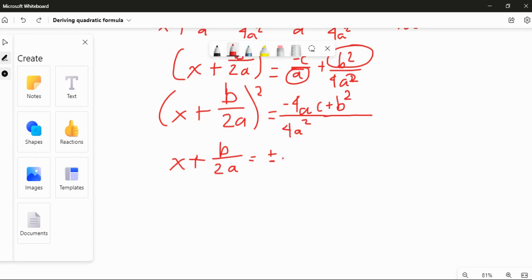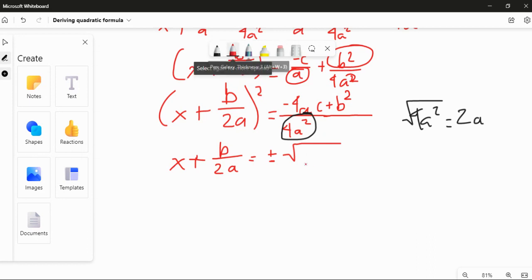So the square root of all of that: the square root of 4a squared will just be 2a. So we're going to write this b squared minus 4ac in a different way, which is essentially the same thing, and then we're dividing by 2a.